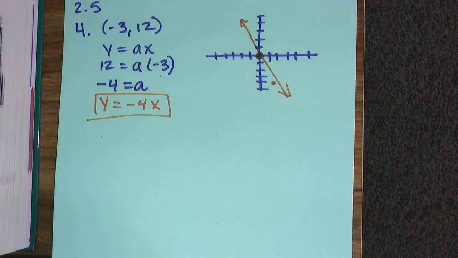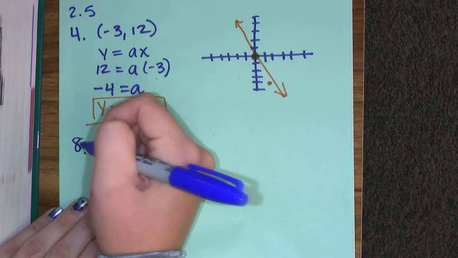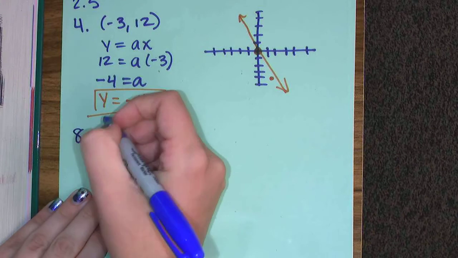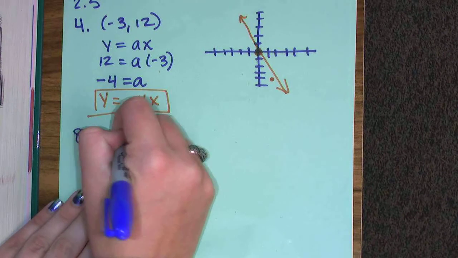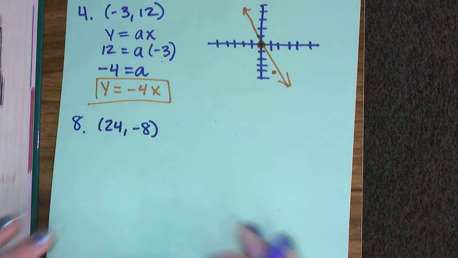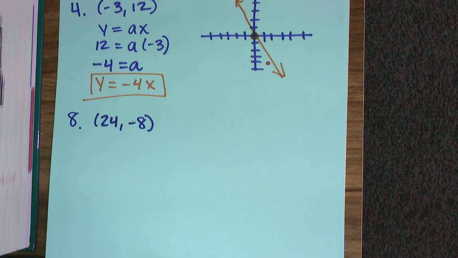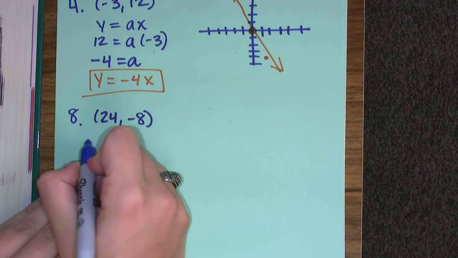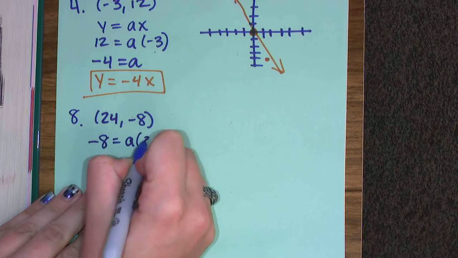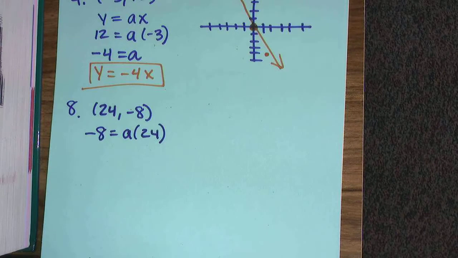So, let's see, another one. Number 8, 24, -8. Alright, so what do I do first? Plug in the variable, so I get -8 is equal to a times 24. So what is a equal to?